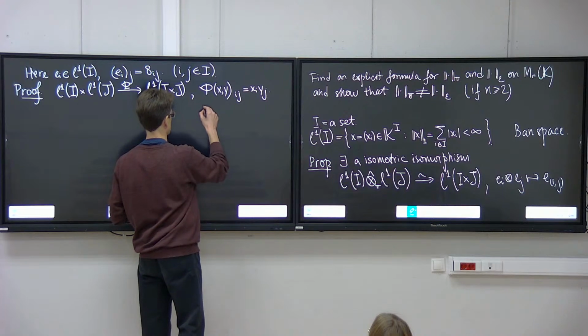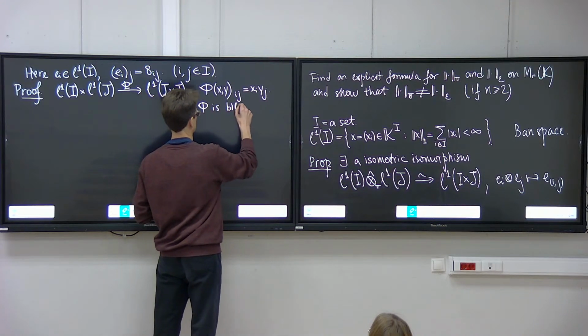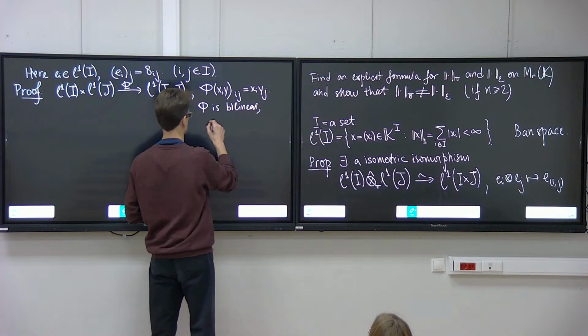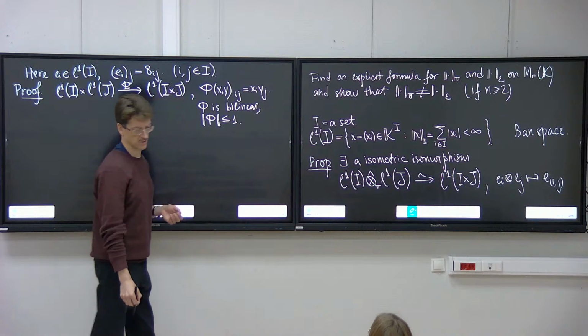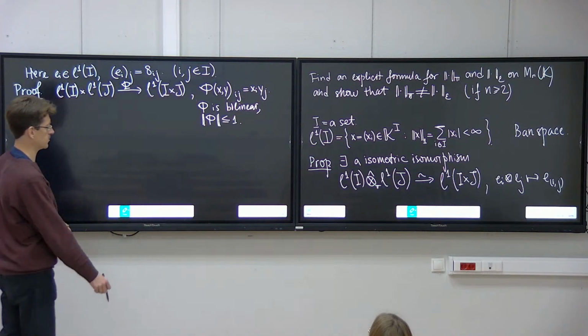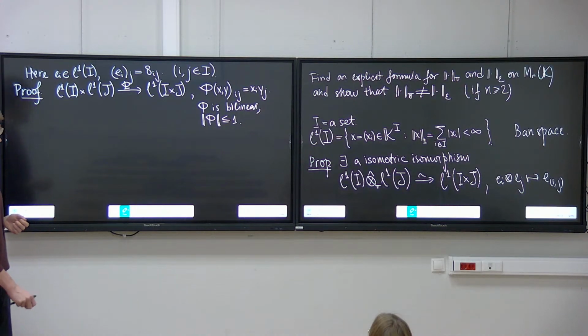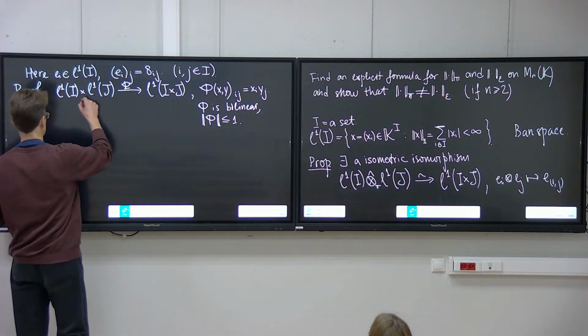So clearly phi is bilinear, and it's a contraction. Its norm is less than or equal to 1 for obvious reasons. If we take the sum of all these numbers, what we get is just the norm of x multiplied by the norm of y.